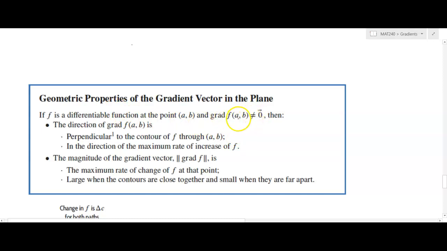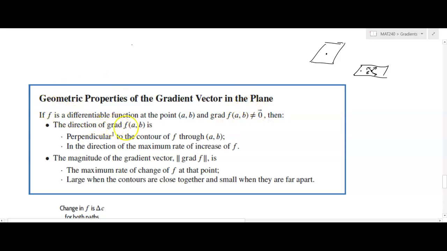So sometimes you will find that, for instance, if you have a flat surface, maybe one that looks like this, then its gradient would be zero at all points. And so that means you're not going to get any elevation change, period. So that's all this is saying, is as long as it's not the zero vector.